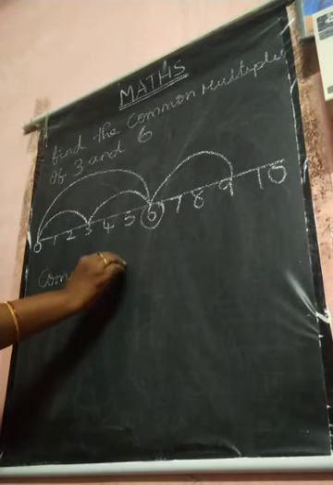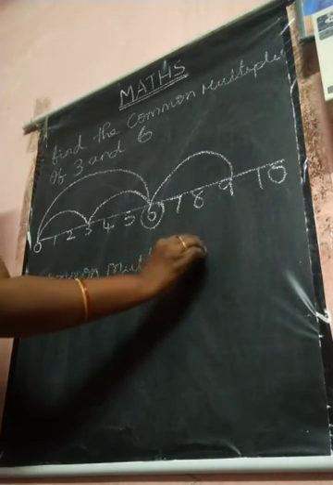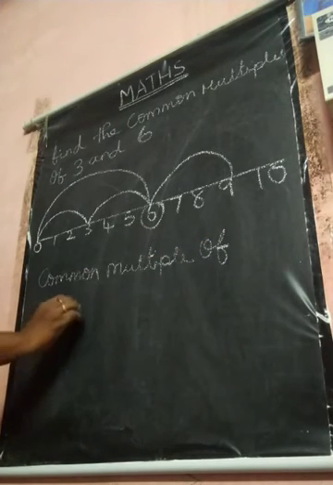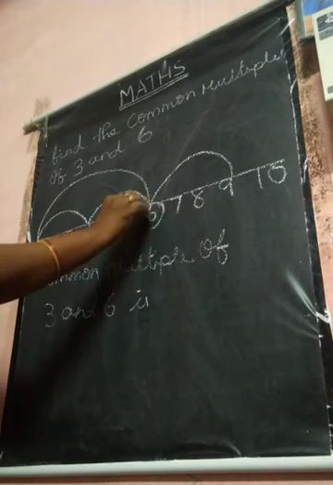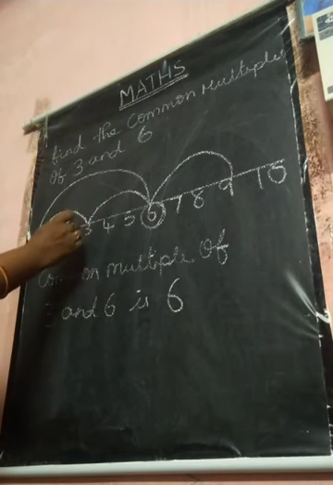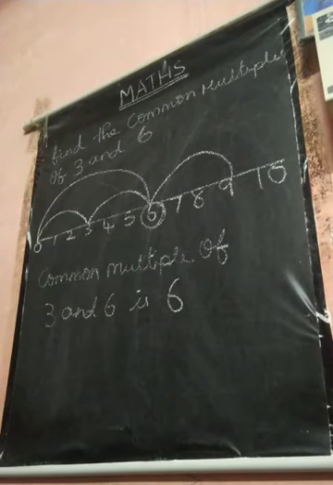Common multiple of 3 and 6 is 6. 6 is the common multiple of both the 3 table and the 6 table. The common multiple is 6. Did all of you understand? Using the number line, how will you find it? Good, children.